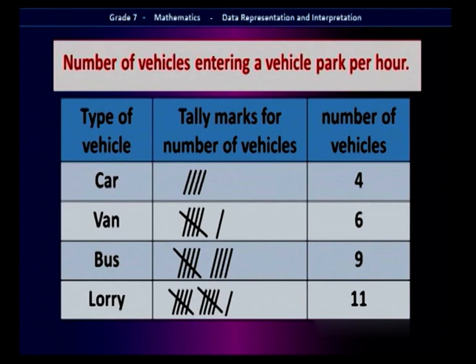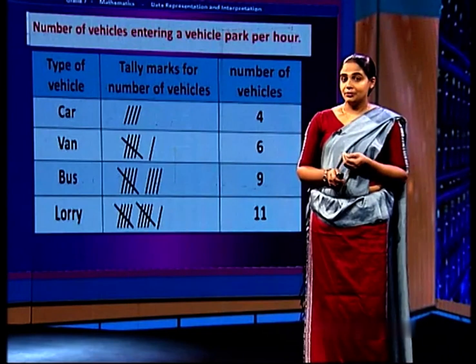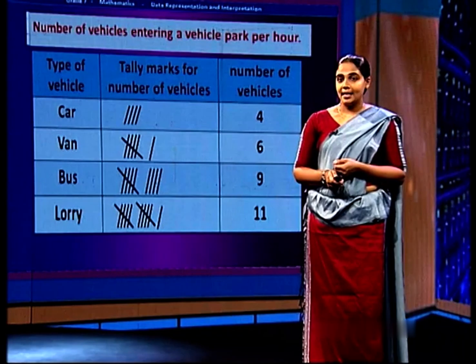At the end of the hour, the number of cars, vans, buses and lorries are marked using tally marks, and by counting them you can know the number of vehicles. Cars, it is 4. Number of vans, 6. Number of buses, 9. The number of lorries is 11. My dear kids, you can recall the knowledge you used when you were in grade 6. Now let's see the next slide.